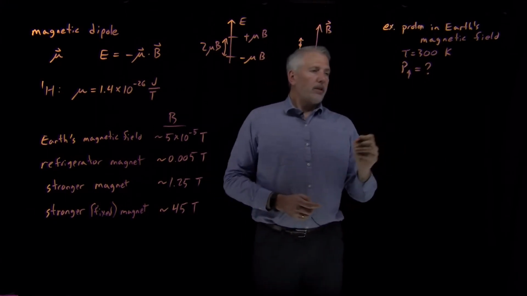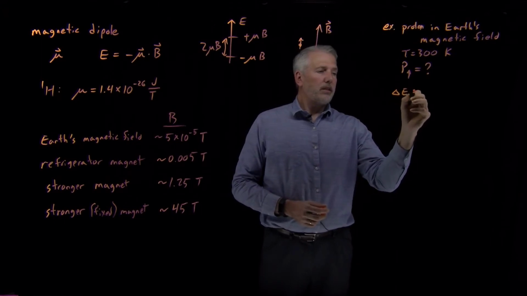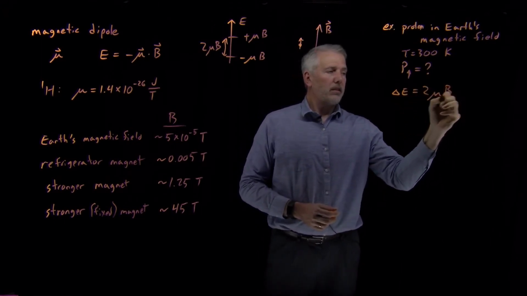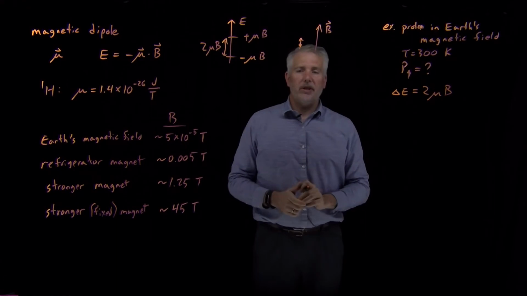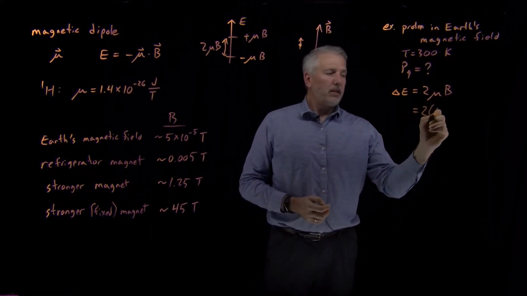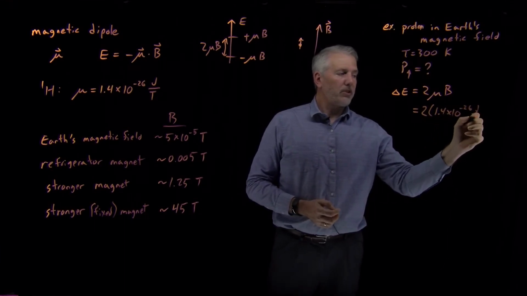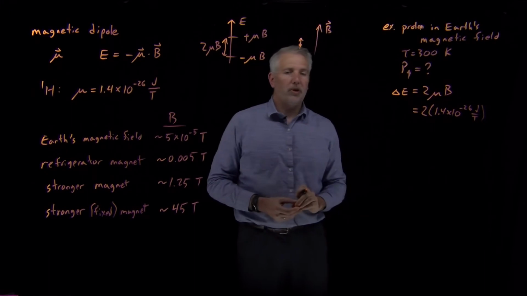How many more of them are occupying the ground state than the excited state at a temperature of 300 Kelvin? So the first thing we can do is to calculate this splitting in the energies between the two states for these protons. The magnetic dipole strength is 10 to the minus 26 joules per Tesla times 1.4.